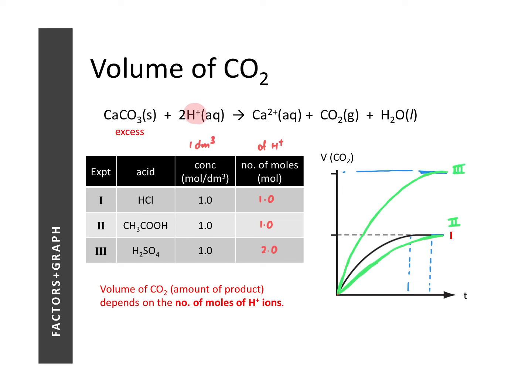Okay, so I hope through this example you can see that the final volume of CO2, or the final amount of product produced, does not depend on the strength of the acid, but it depends on the number of moles of hydrogen ions present. Why is this important?